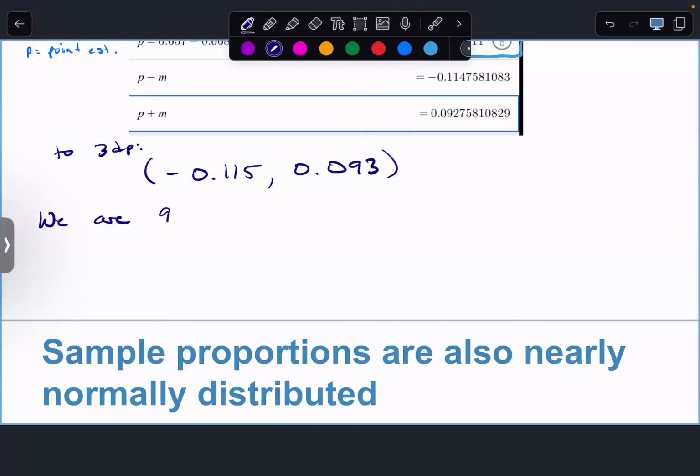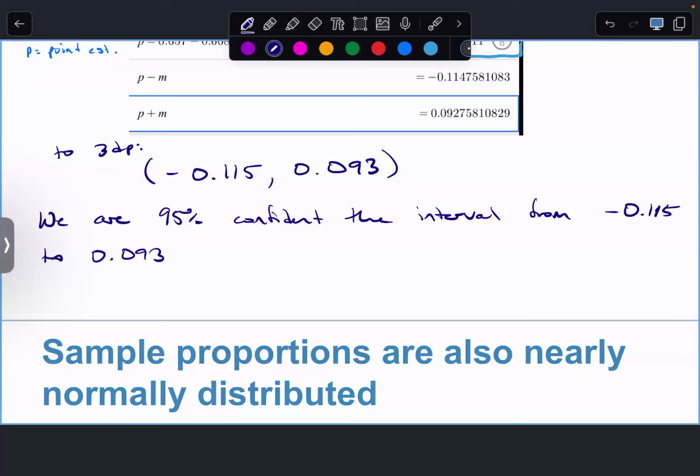And so we are 95% confident the interval from negative 0.115 to 0.093 captures, now generically, the difference in the population proportions, right?